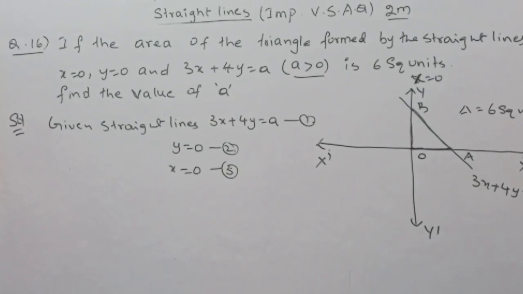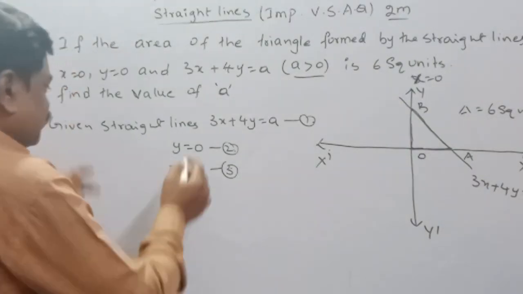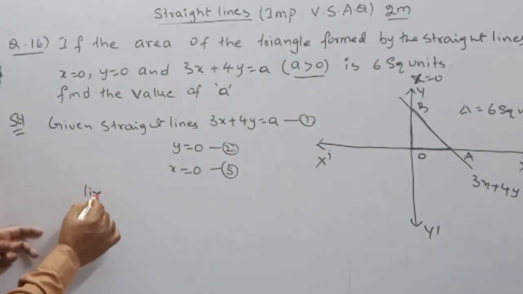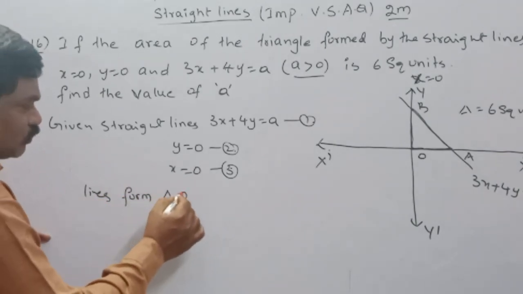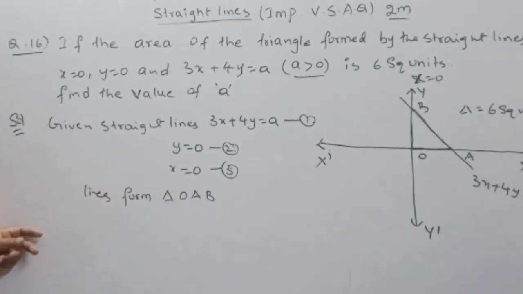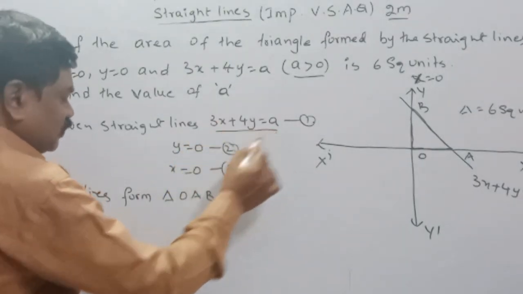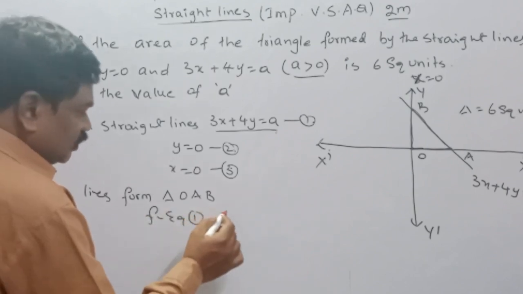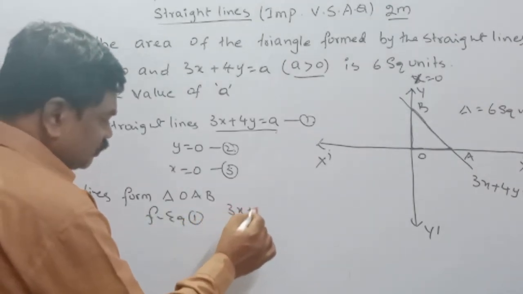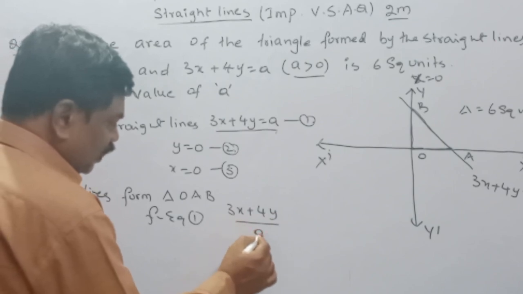Then you have to find that these lines form triangle OAB.